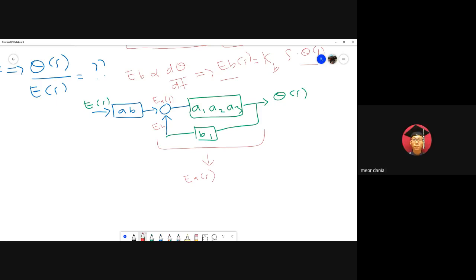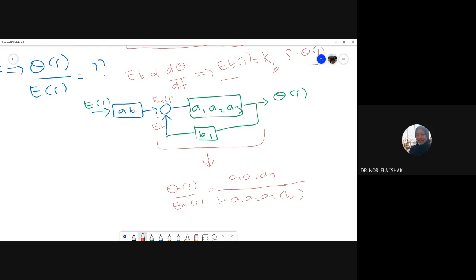Sorry, it is reversed. The output is theta. The transfer function here is theta(S) over EA(S) minus EB, which equals A1, A2, A3 over 1 plus A1, A2, A3 times B1. Sorry, this one is minus, here is plus.